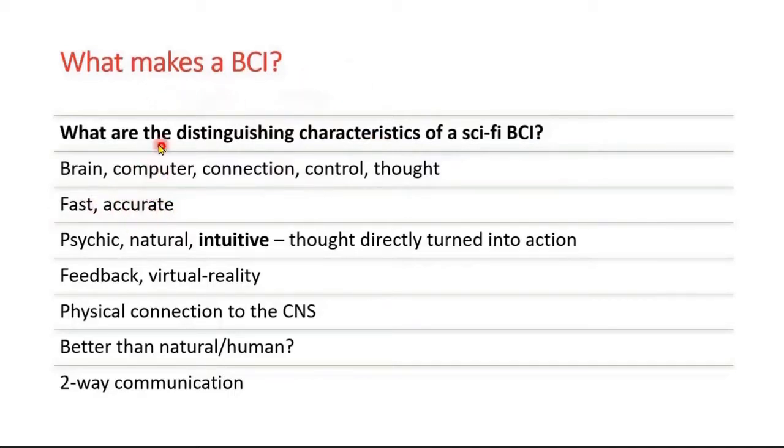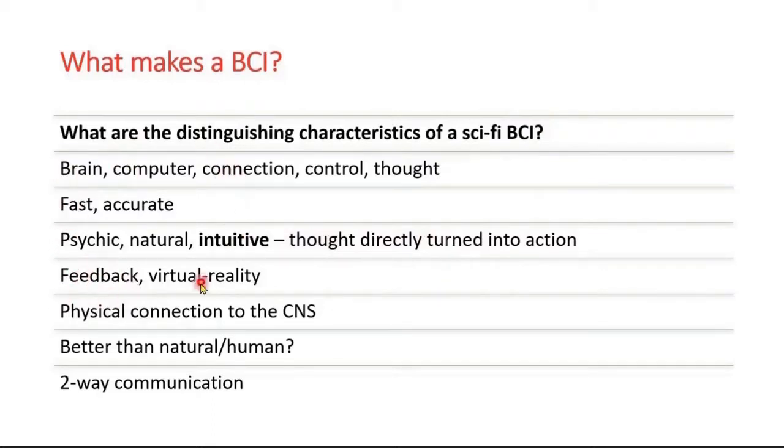Another characteristic of science fiction BCI is that it is psychic, natural, intuitive: thought directly turned into action. You just think, and your thought is decoded into control signals, and then you can use those control signals to control those external applications.